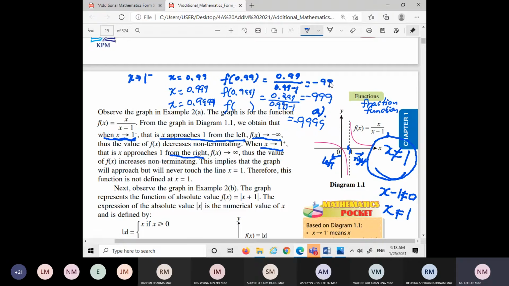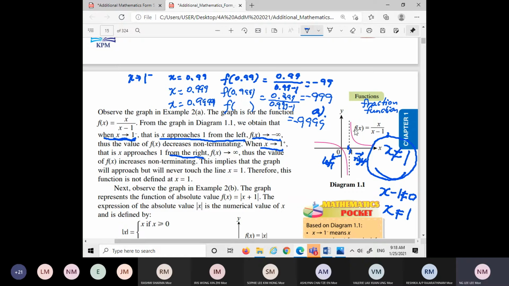You see the number from negative 99, negative 999, negative 9999 becomes very, very big, but from the negative side. It goes down more and more, but it will not touch 1.